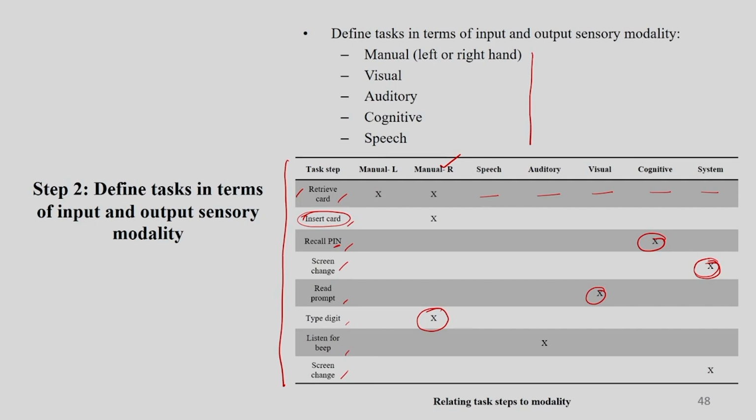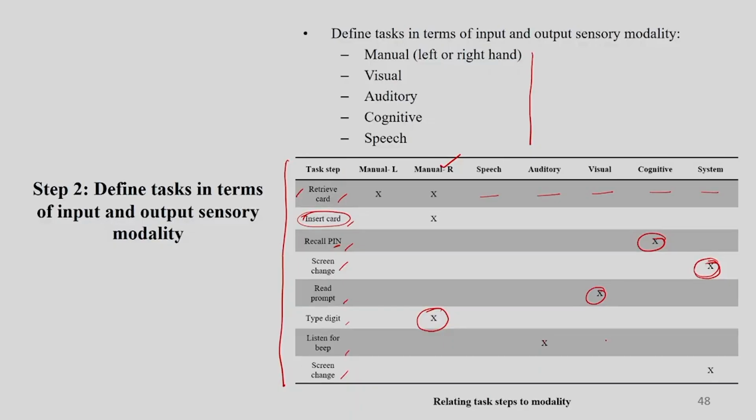Now here two things are possible. Sometimes there is no auditory signal. In certain machines there is no auditory signal, so maybe only visual. In some cases it is auditory. For this particular example, it was auditory, that's why we mentioned auditory here, and then screen change. Again it is going to the system.